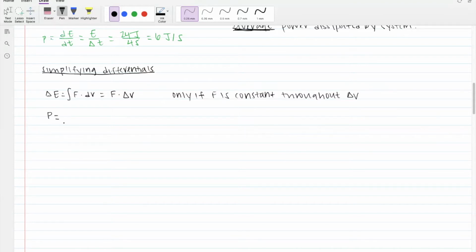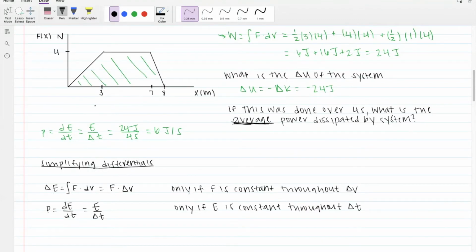Power is equal to the derivative of energy with respect to time, which is also equal to E over delta T. This only works if energy is constant throughout delta T. Let's look at this equation first.